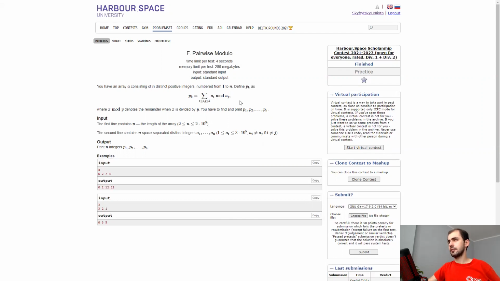Now, if it's the first time you see something like a sum of something modulo, you'll likely say, okay, I'm skipping this contest. I don't really want to compute sums. I'm not a calculator, right? That sounds like a task for a calculator. No, thank you.